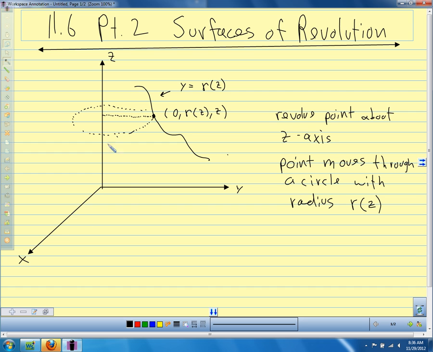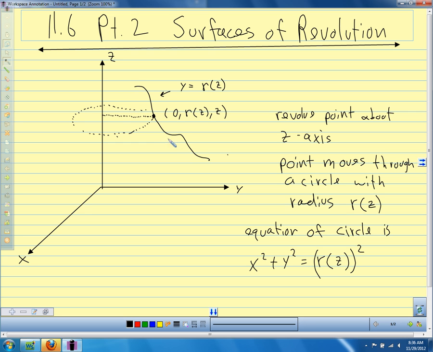So the equations of all these circles, if I project this down into the xy plane, the equation of that circle is x squared plus y squared equals the radius squared, r of z squared. This gives us our equation for our surface.